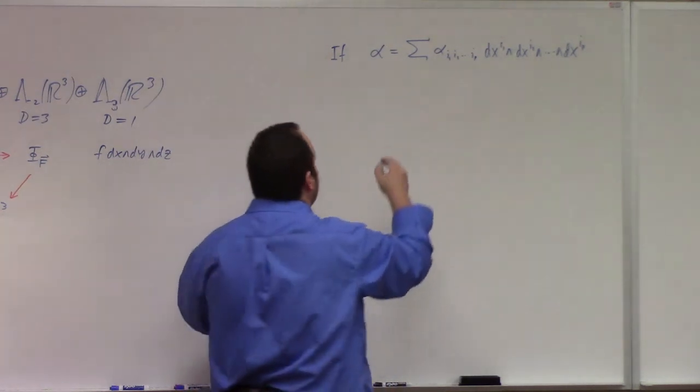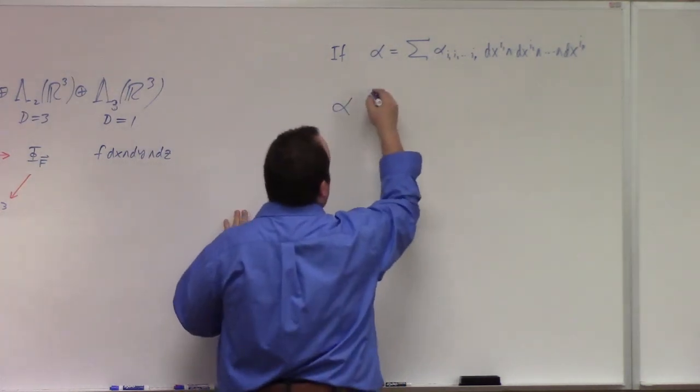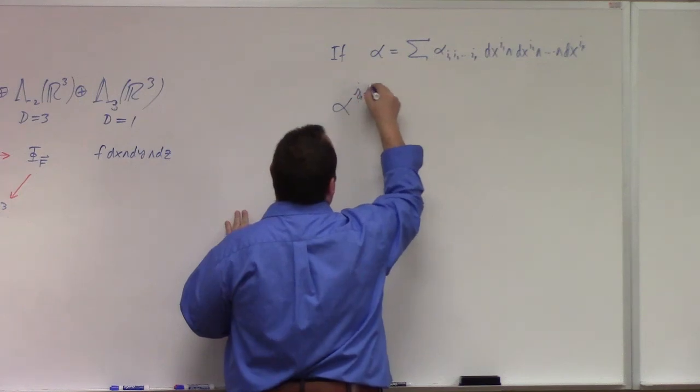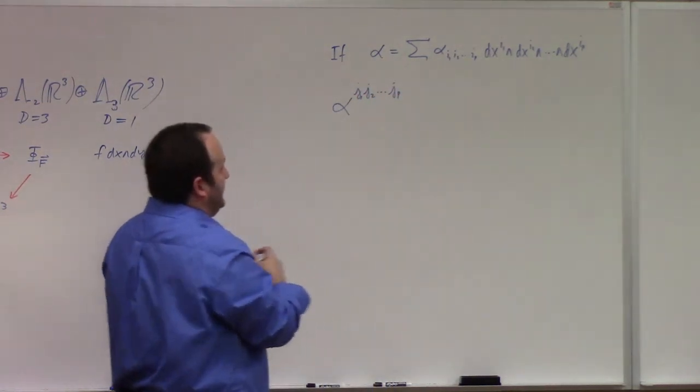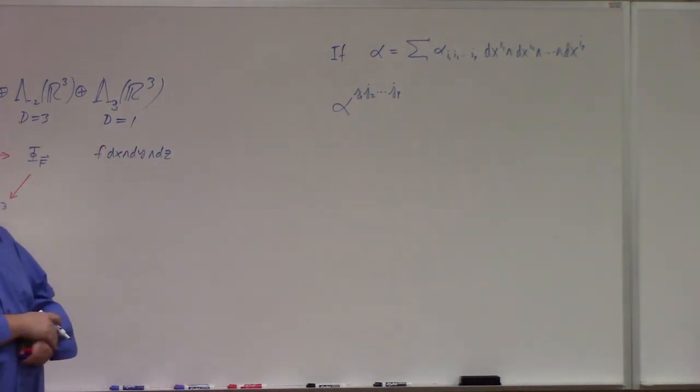You could define alpha with upper j1, j2, ..., jp. These are the corresponding components of alpha.